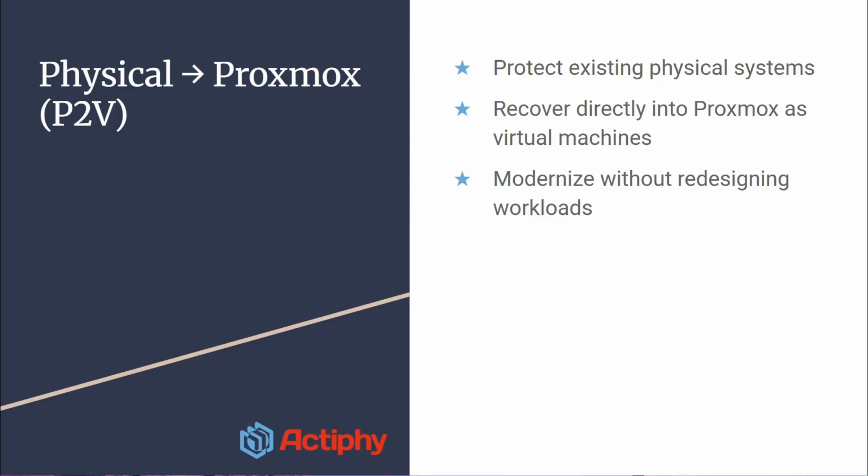When you protect a physical system as a complete image and restore it into Proxmox, you are not redesigning the workload. You are relocating it. The operating system, applications, and configurations remain intact. Modernization happens at the infrastructure level, not at the application level.